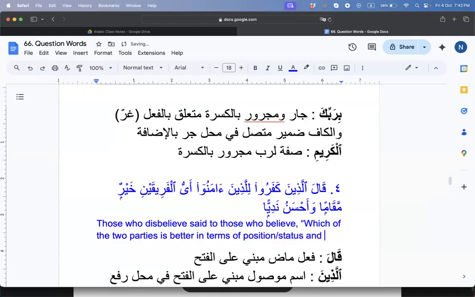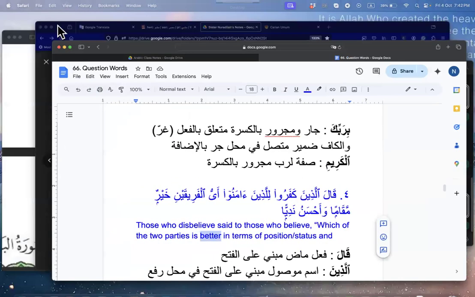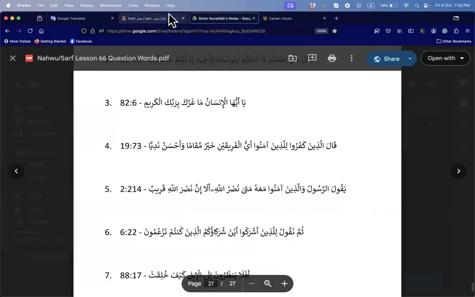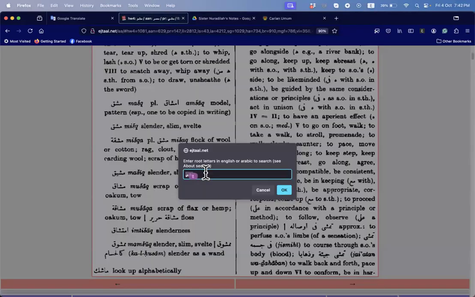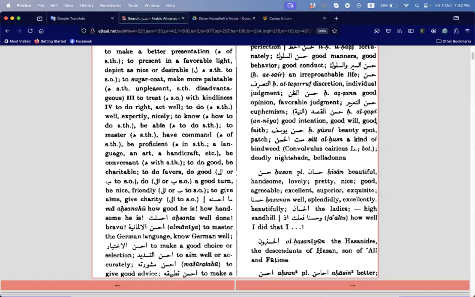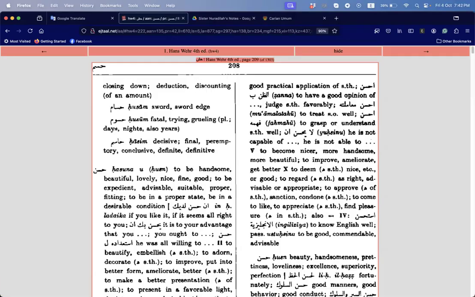And better. So even though it's a different word, we use better, maybe ahsan. Is there a better word for better? Other than beautiful, let's see. Can we say noble?